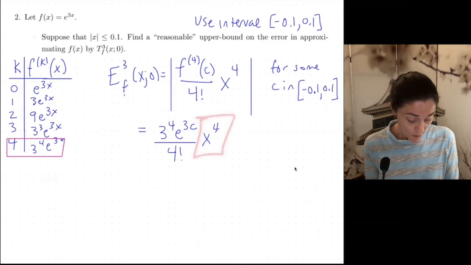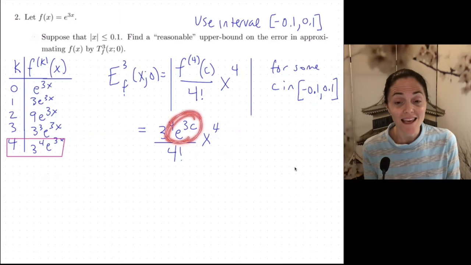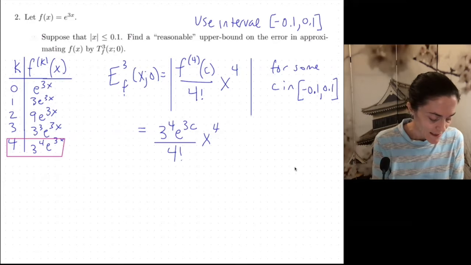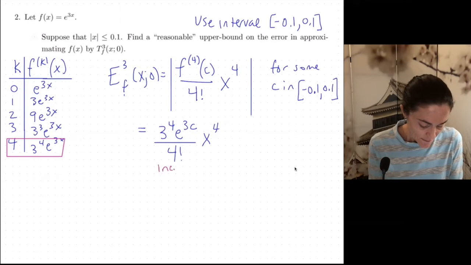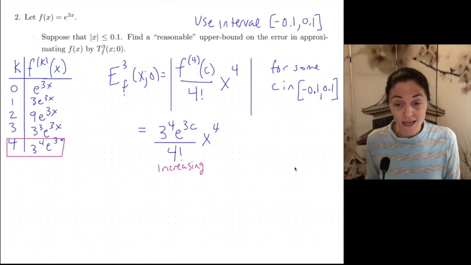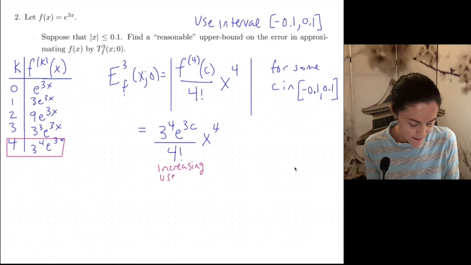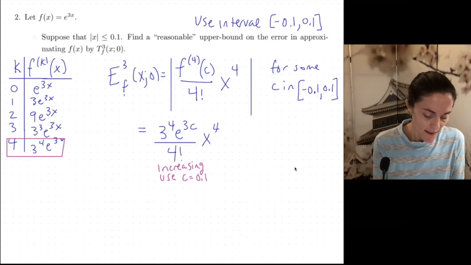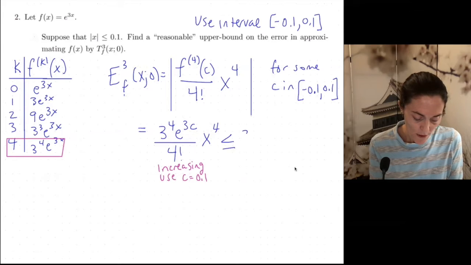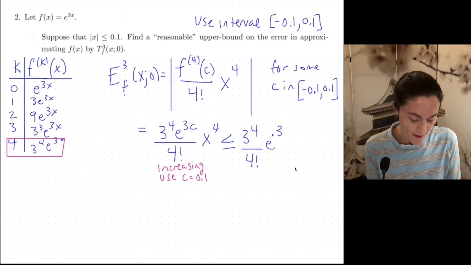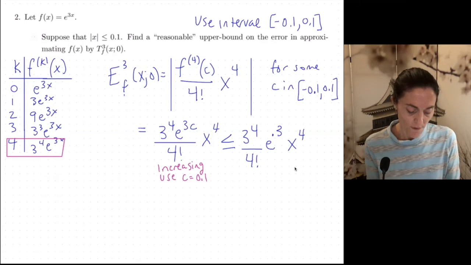So first, this function e to the 3c is increasing, and so the biggest it can be for an increasing function is at the right endpoint. So I can say this is less than or equal to 3 to the 4th over 4 factorial, e to the 3 times 0.1, which is 0.3, and then x to the 4th power.